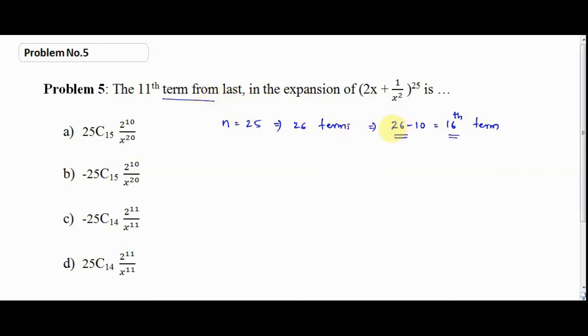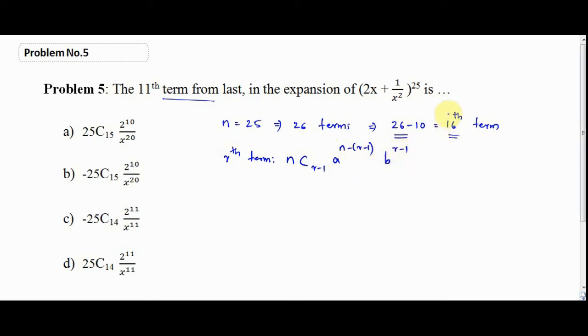We know the general formula to calculate the rth term in the expansion. The rth term is given by nCr-1 a^(n-r+1) into b^(r-1).